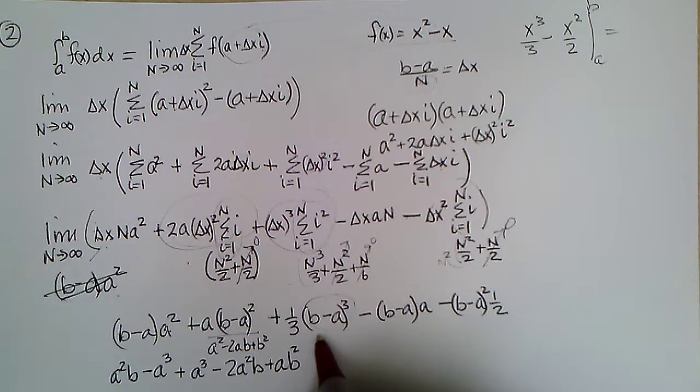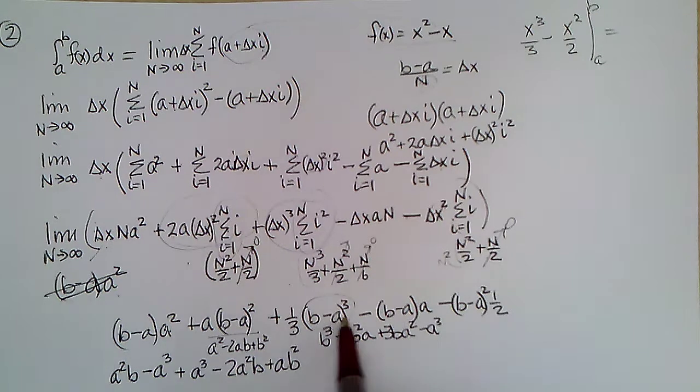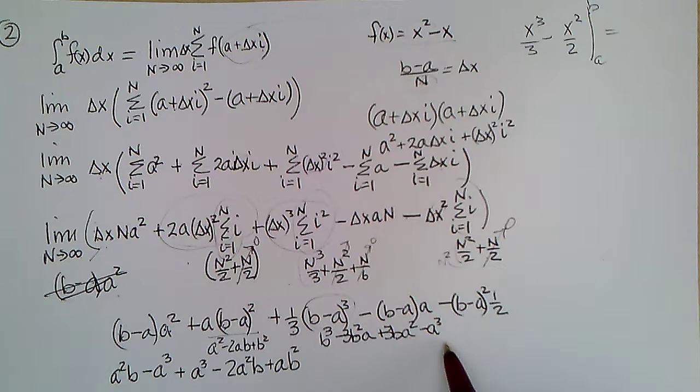The binomial theorem is an easy way to get that. So we're going to have 1/3 times, this is going to be b cubed minus 3b squared a plus 3ba squared minus a to the third. You can take the time to multiply b minus a times b minus a times b minus a, and you'll get this.